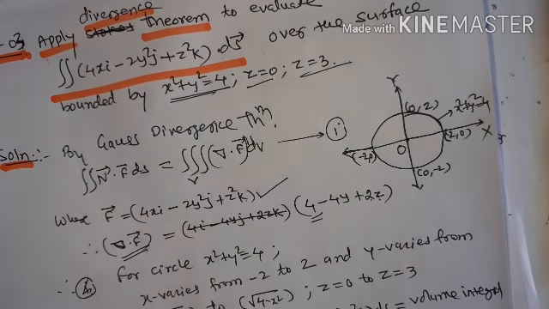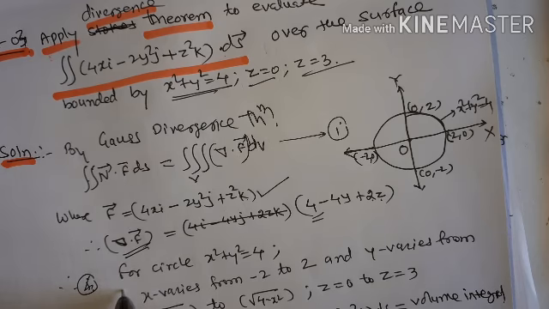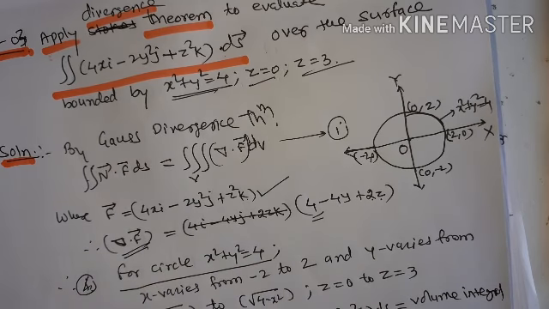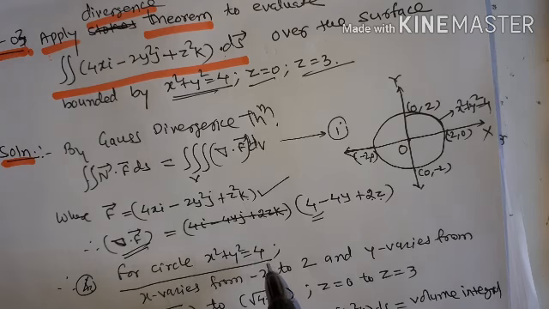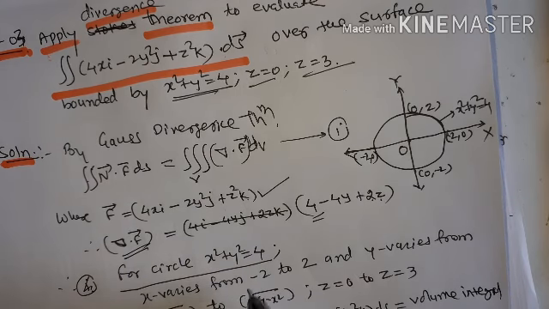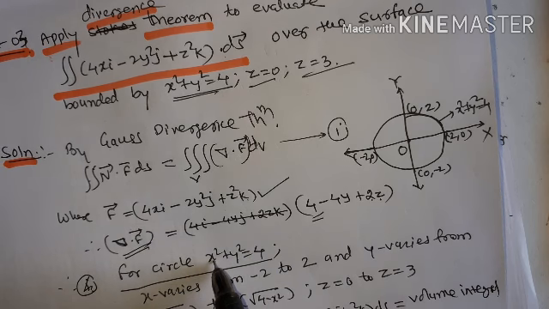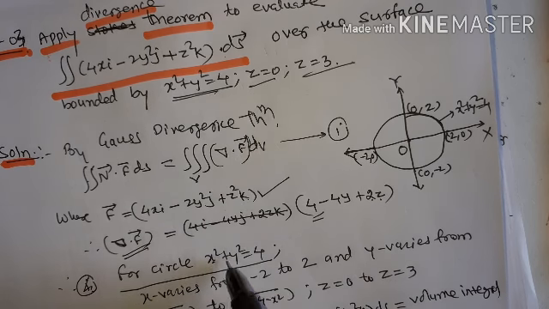Before that, we will look at the circle x square plus y square equal to 4. If I put y equal to 0 and x equal to 0, you will get x square and y square equal to 4.